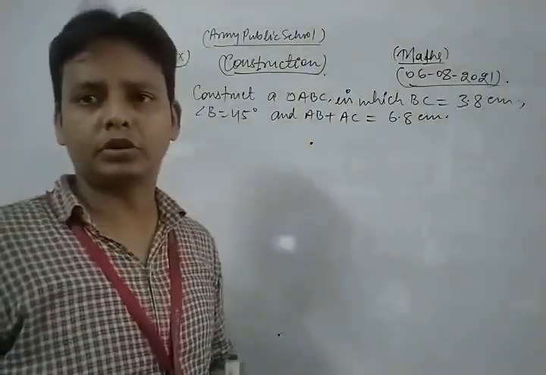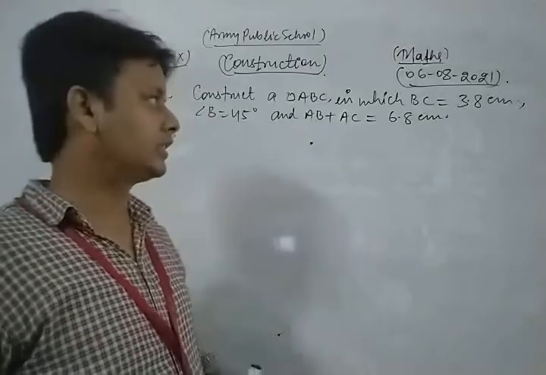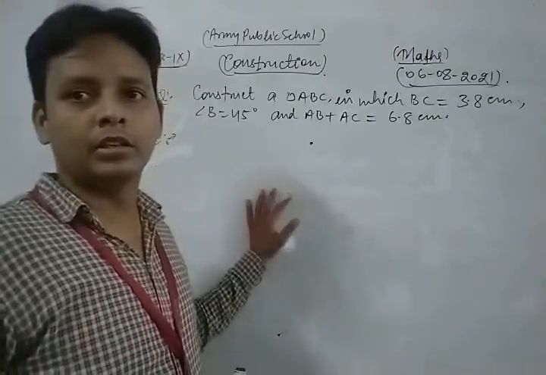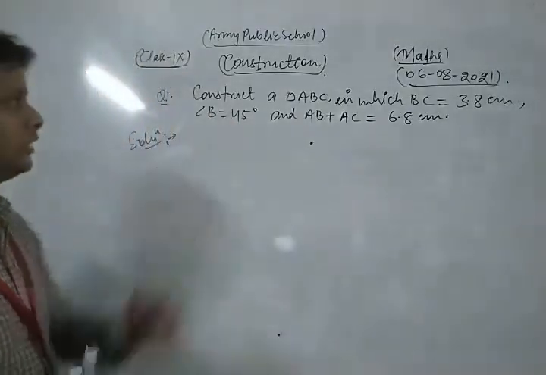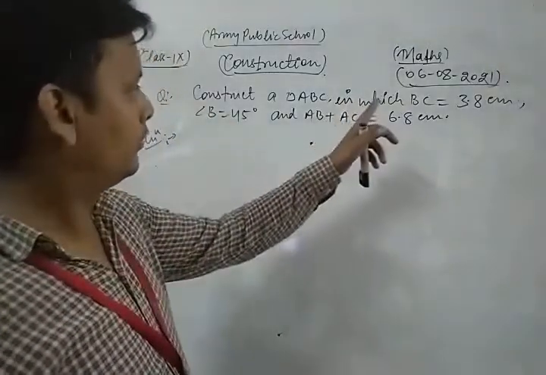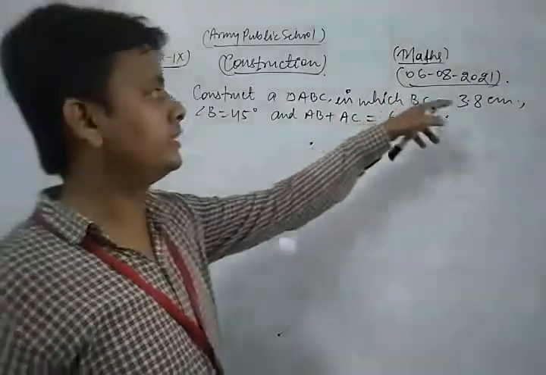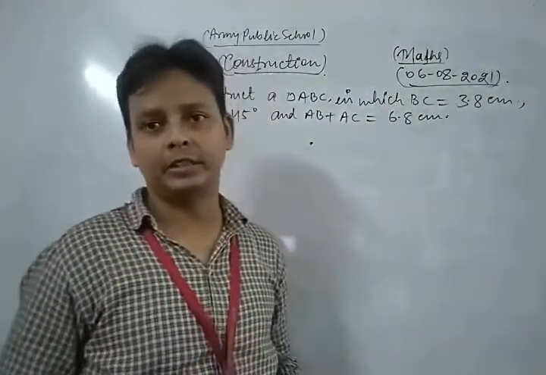This is a very important question and we discussed all the important concepts of it in the previous class. Let's see once more. Here we construct a triangle ABC in which its base BC is given as 3.8 centimeter.